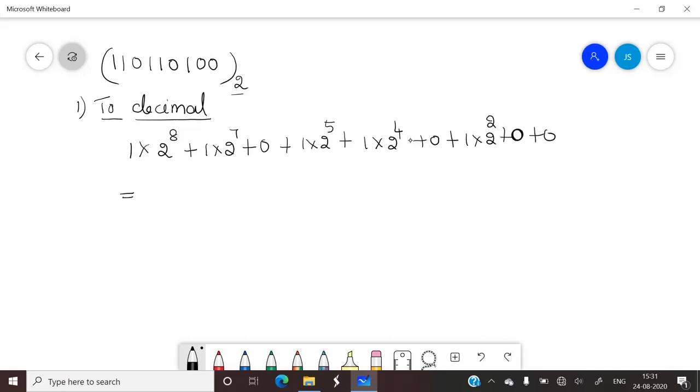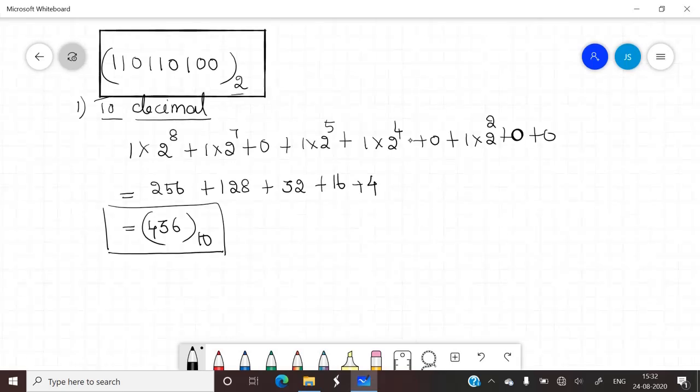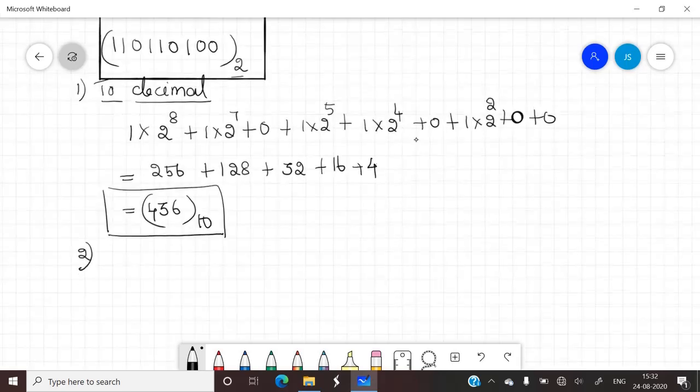So that is 2 power 8 is 256 plus 2 power 7 is 128 plus 2 power 5 is 32 and 2 power 4 is 16 plus 2 power 2 is 4. That is equal to 436 in decimal. So this is the decimal equivalent of the binary number 110110100.